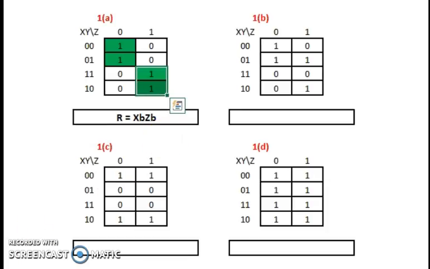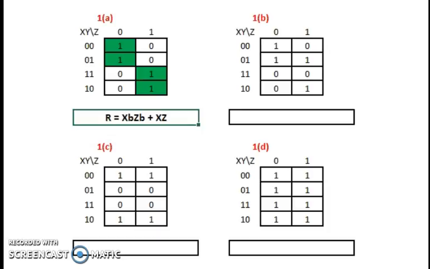So you use this addition symbol which represents the OR gate, and then you can combine the second group, which is X Z. So from the first question 1A, the output will be X bar Z bar plus X Z.